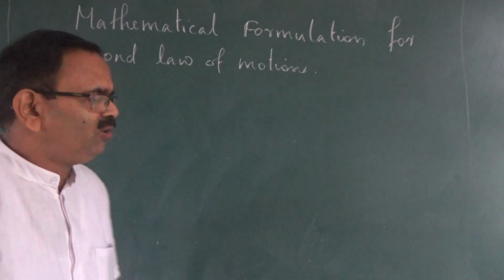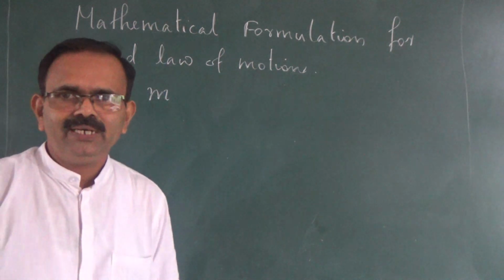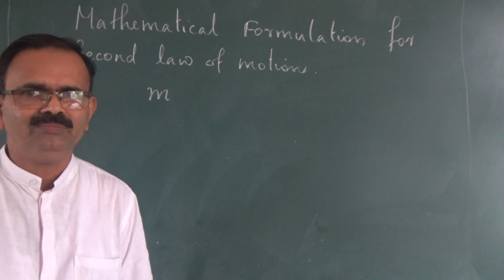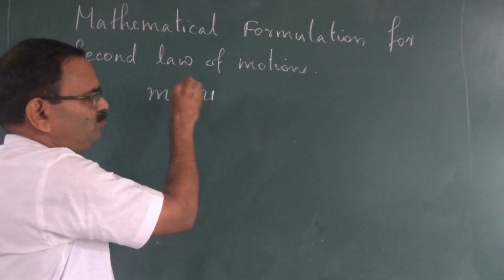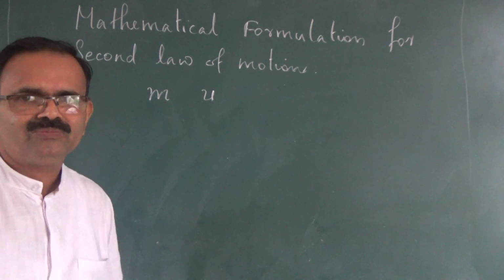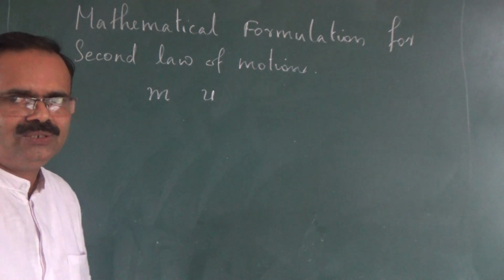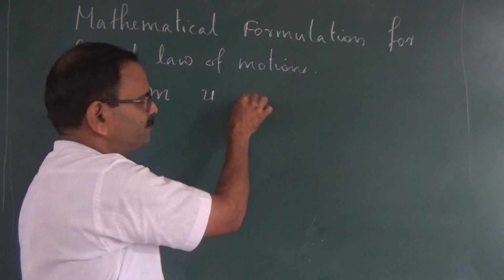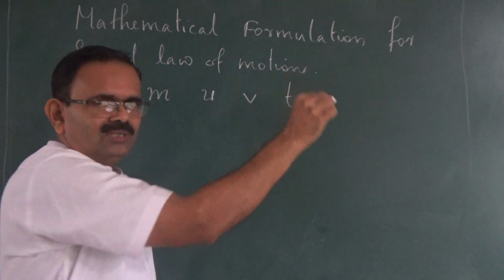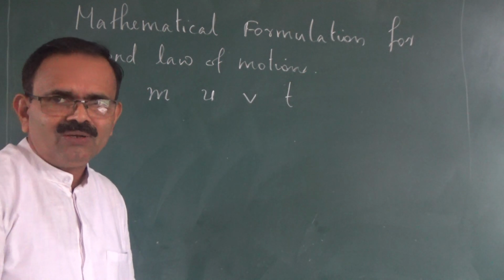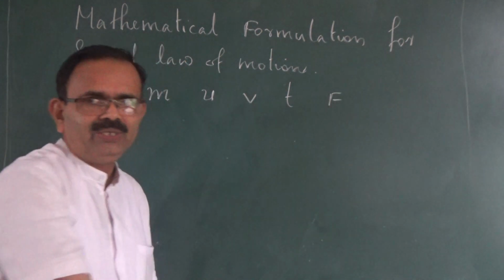Consider an object of mass m moving with the initial velocity u. It is uniformly accelerated to velocity v in time t by the application of a constant force F. So these are the quantities required for us.